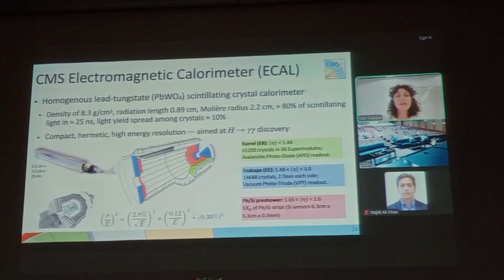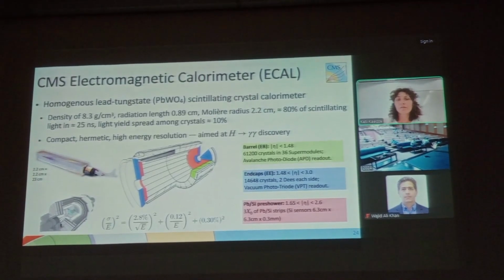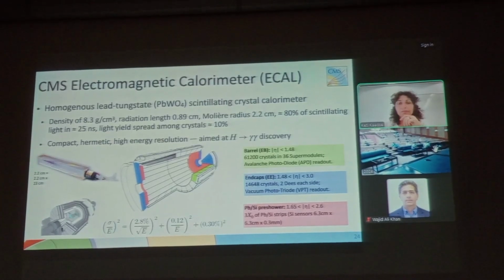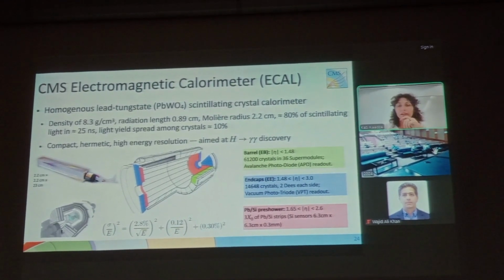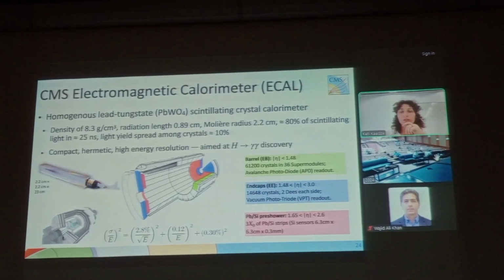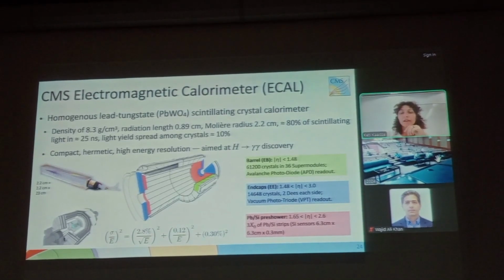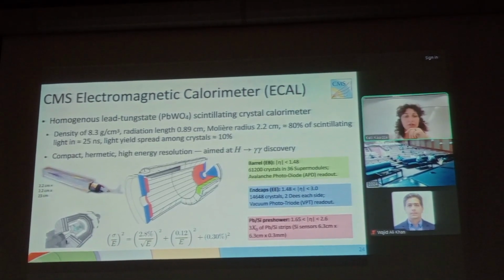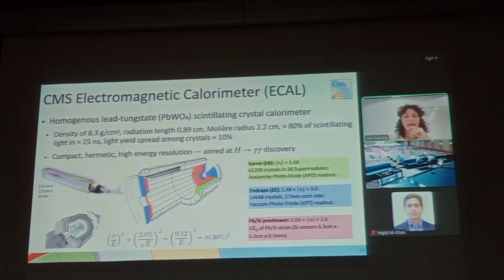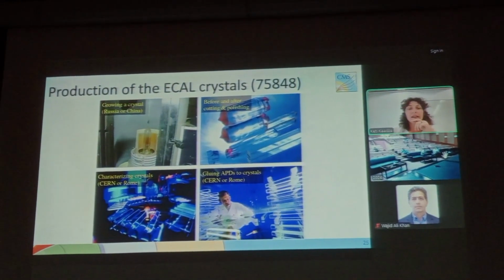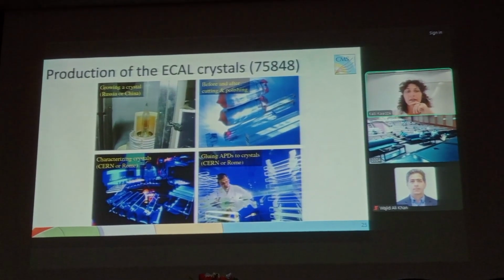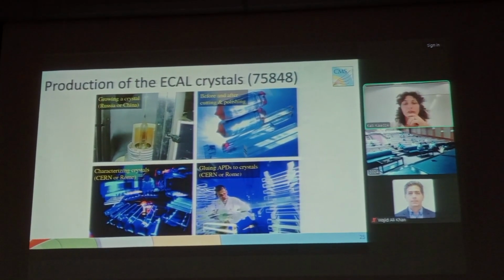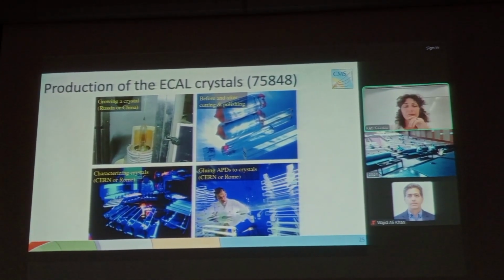At the end, you see here APDs that are attached, avalanche photodiodes, to read out this signal. I will skip these details of each component of ECAL, barrel, end cap, threshold. These are just some of the parameters. And here you can see how these crystals were made quite some time ago, probably 20 years ago or so.